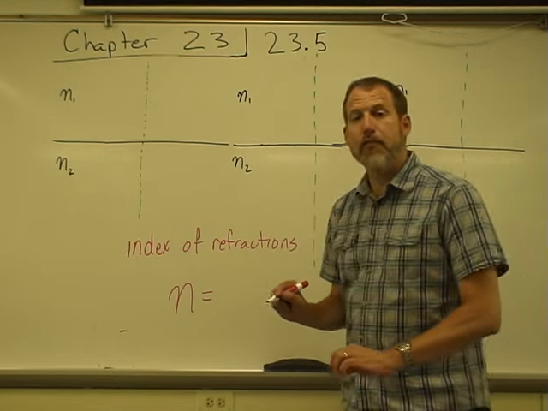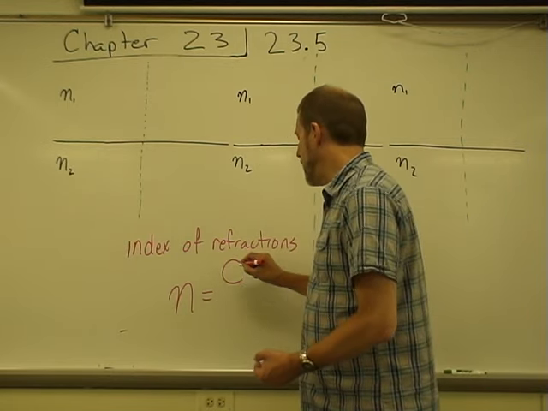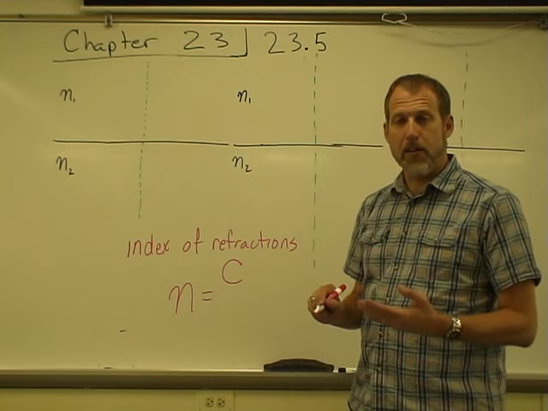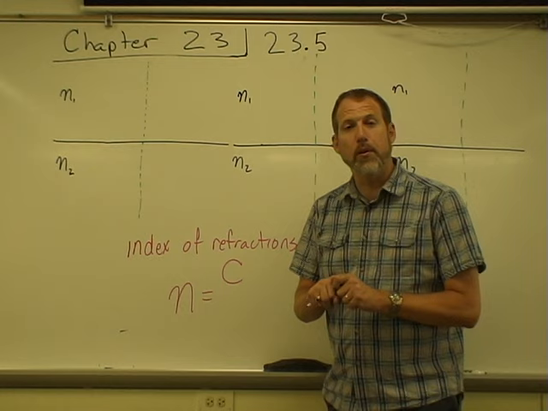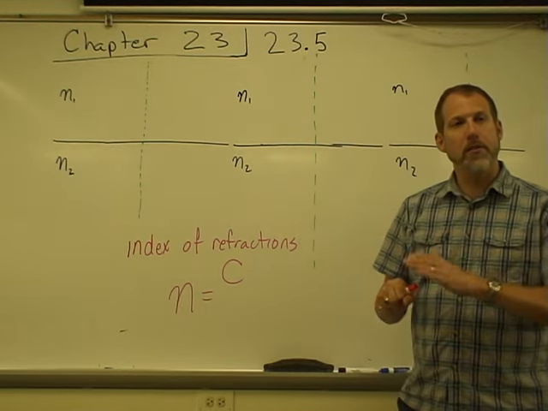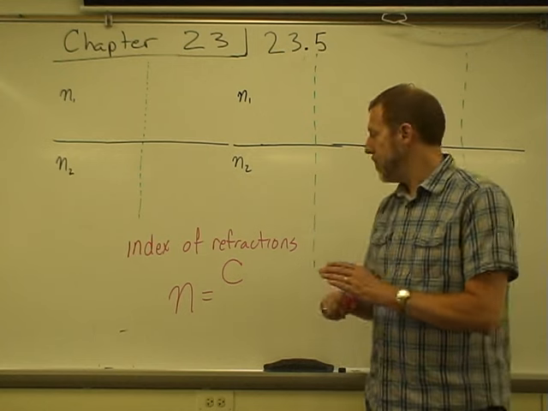The index of refraction is defined by c, the speed of light in a vacuum, which is close enough to 3.00 times 10 to the 8th meters per second.